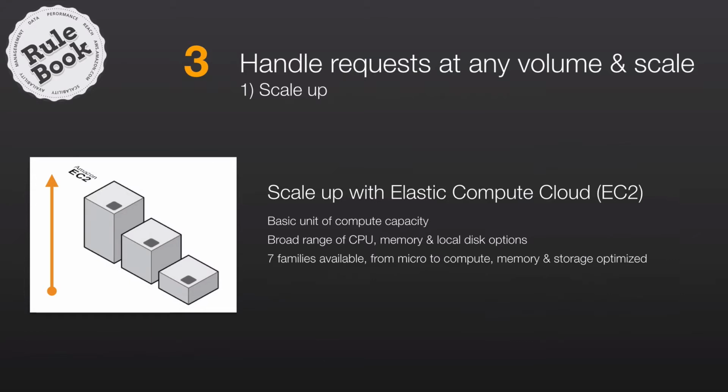As you may know, there are 7 different families of EC2 instance available to you, from the T2 Micro, the T2 Medium instance family, through to the C3 and C4 compute optimized instances, the R3 memory optimized instance family, and the I2 and D2 IO and storage density optimized instance family.